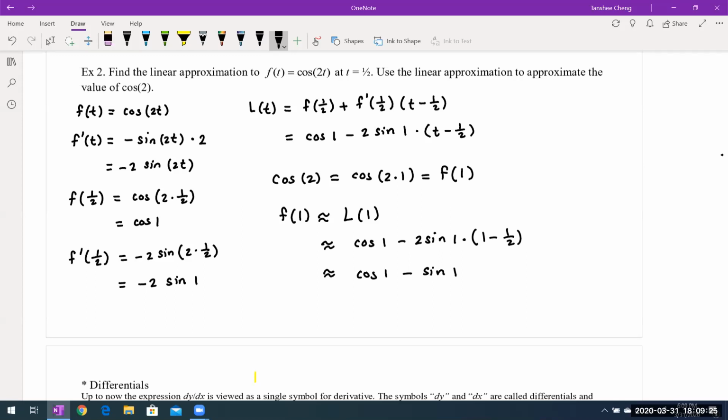You may leave your answer like this, or if you use a calculator and approximate it, this will become negative 0.30116879, and so on and so forth, right?